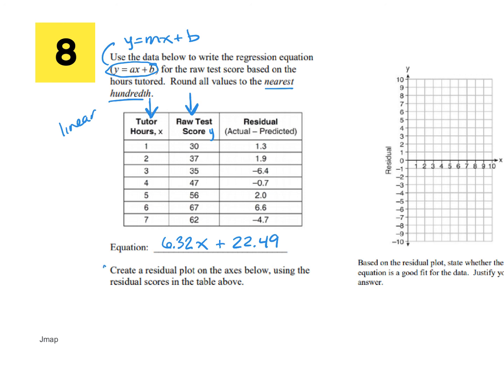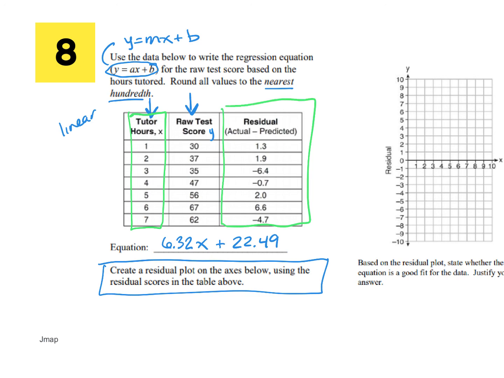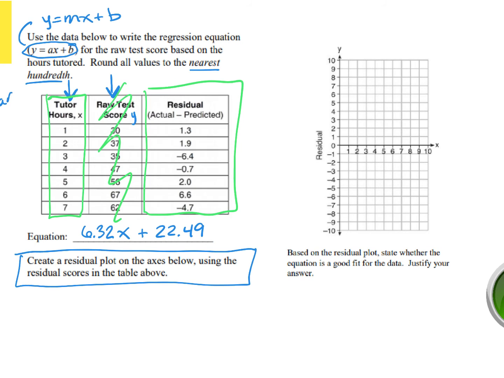Now the second problem says create a residual plot on the axis below. So you're only going to use your x variable, which is written on your graph, and your residual. Imagine that your raw test score is just gone for this. So we want to slide over here, and it says 1 and then 1.3, so you're estimating, and then 2 and 1.9, and 3 and -6.4.